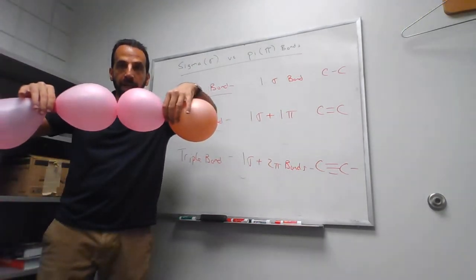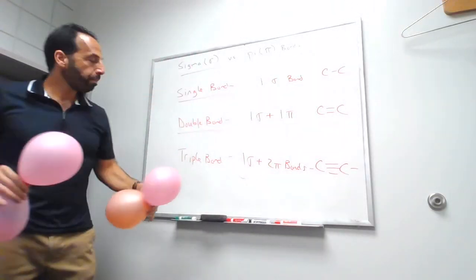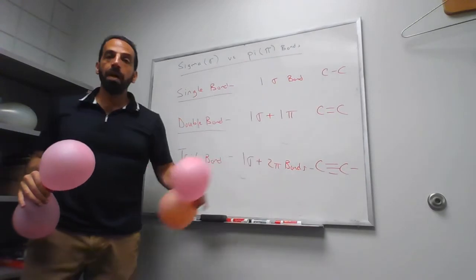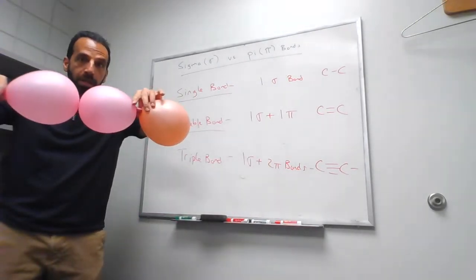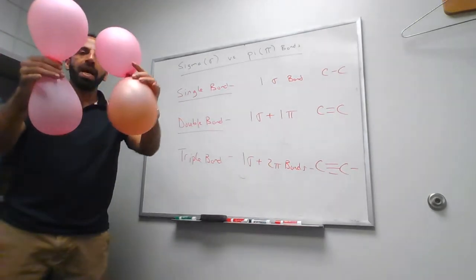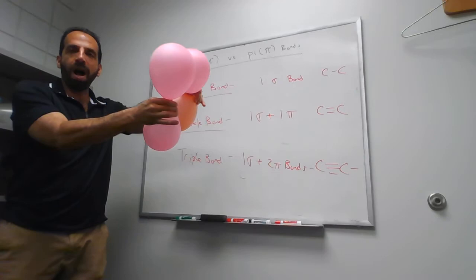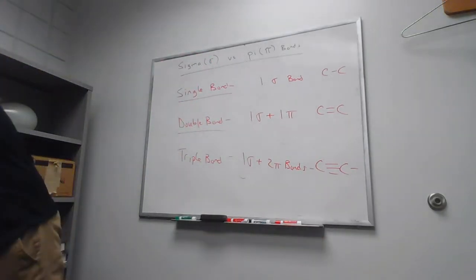You have a long internuclear axis and then two p orbitals going above and below. Triple bond, one sigma plus two pi bonds. So again, always one along the sigma, and then two. One goes up and down, and the other one could be in a y direction, two py orbitals overlapping off on the side.